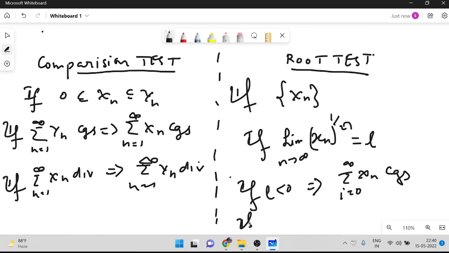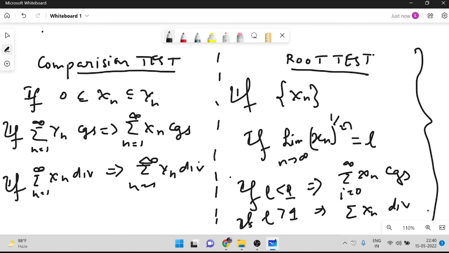If L is greater than 1, the summation of xn diverges. So these are two tests. I'm omitting the proofs of them. They're kind of trivial, something that we have studied in our BTech. This is just a recap.